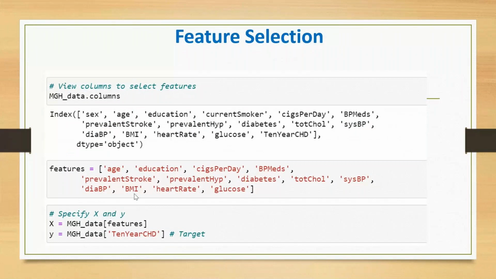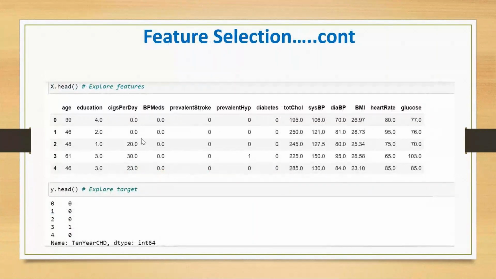So how did we do our selection? Just to come up with a model and analyze, we selected our X variables, which we are calling the features. So these were the X, and the Y was the 10-year CHD. That's the outcome. So you can actually visualize that in terms of numbers.